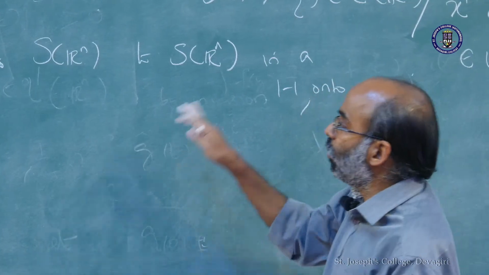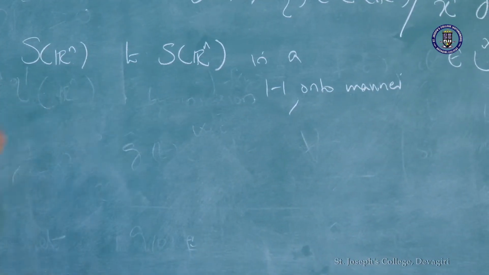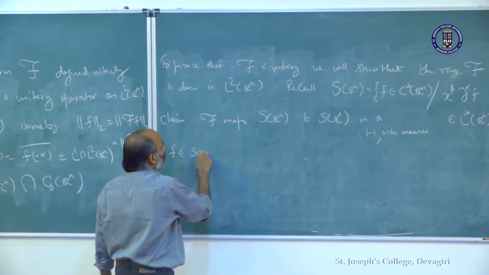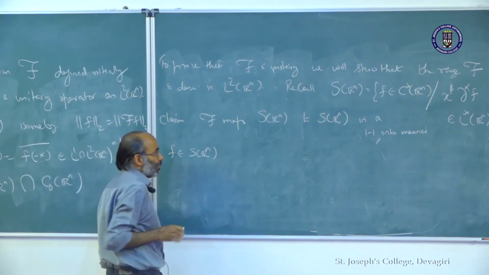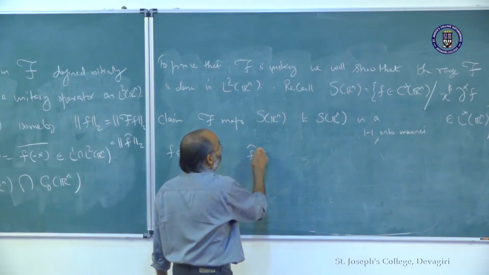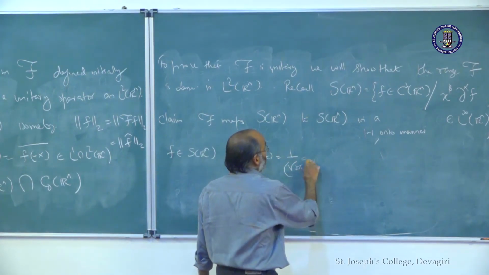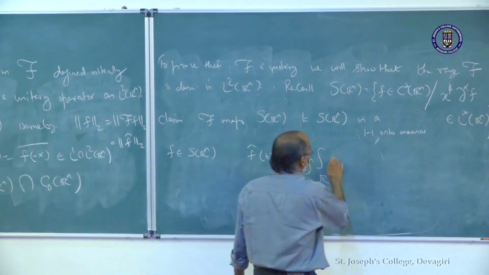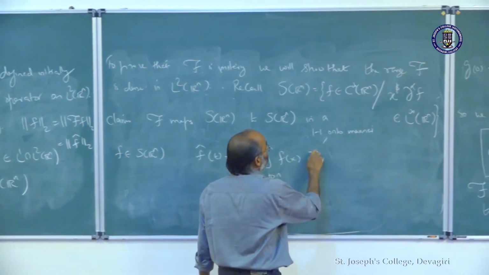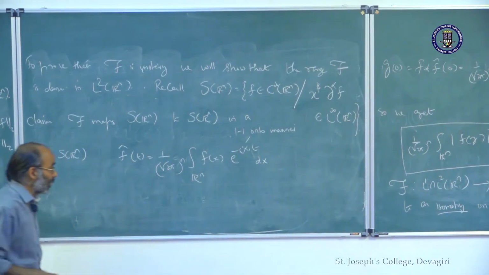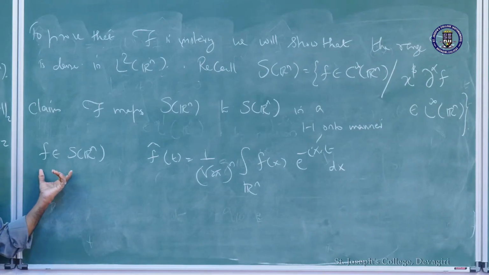Okay. So, let us see what it does. Let us start with some function in the Schwarz space and see what happens to its Fourier transform. So, f hat of t equals 1 by root 2 pi to the n, integral over Rn of f of x e to the minus i x dot t dx. Now, we are looking at the Fourier transform, and I am starting with a function in the Schwarz space.